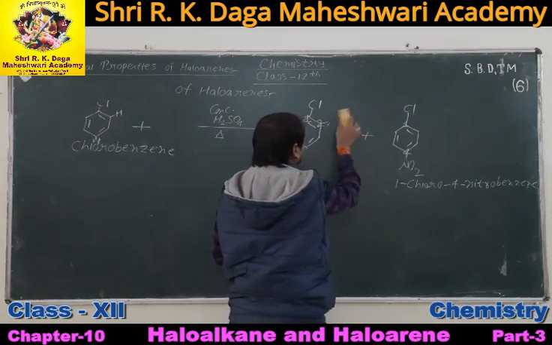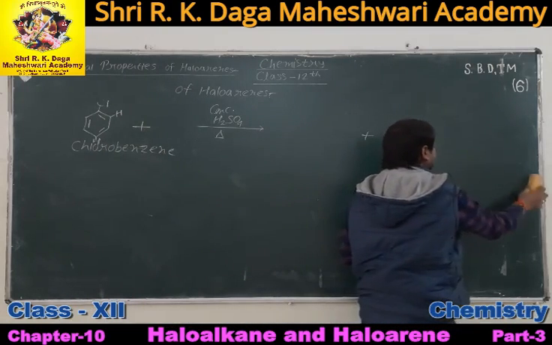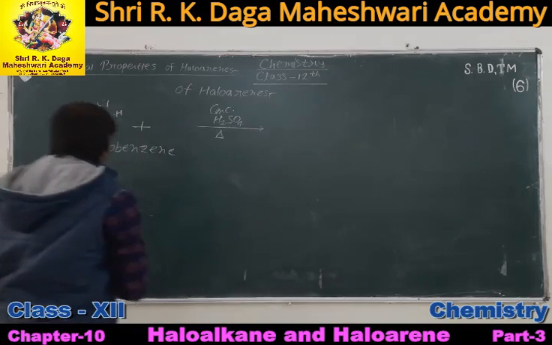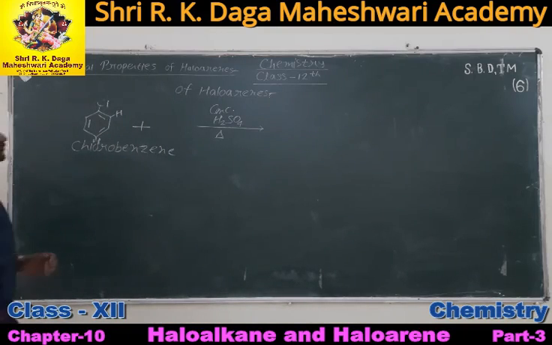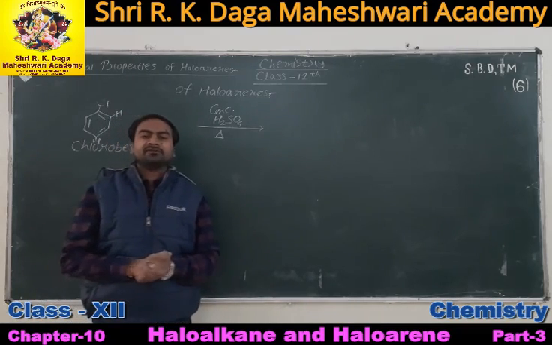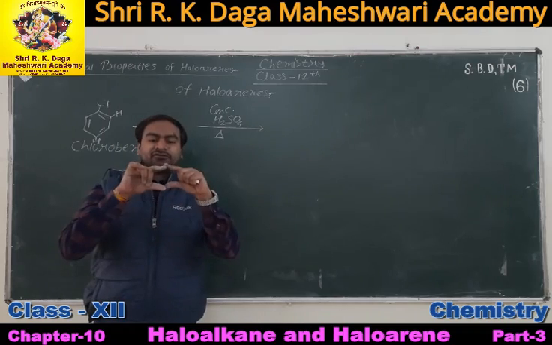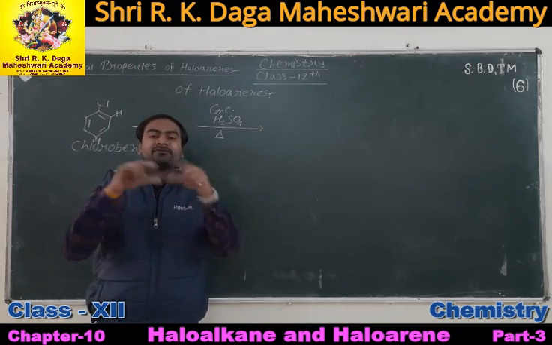Sulfonation. In the sulfonation, we react haloarene with sulfuric acid. Again, the sulfuric acid will be dissociated into two different parts.